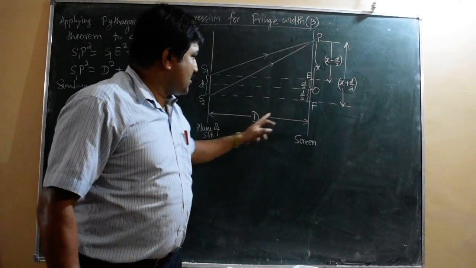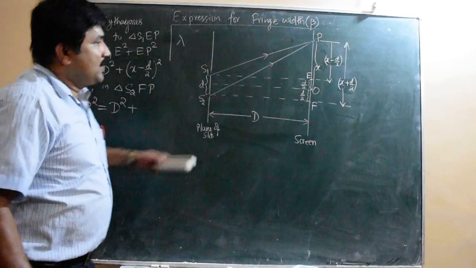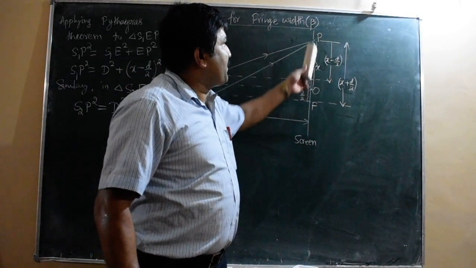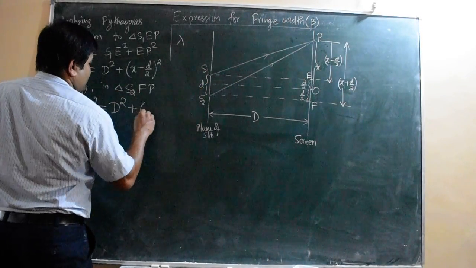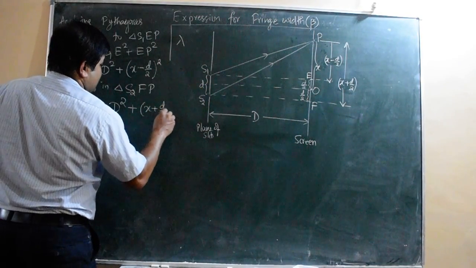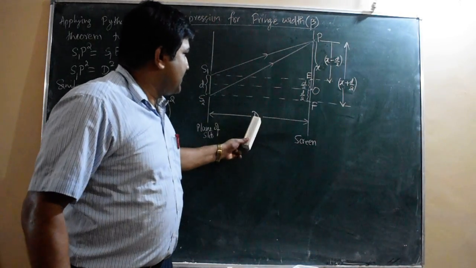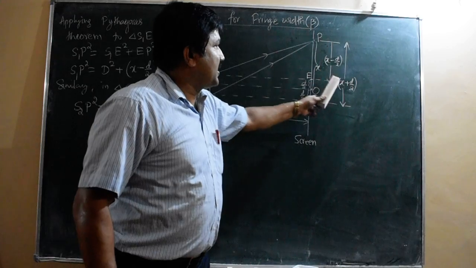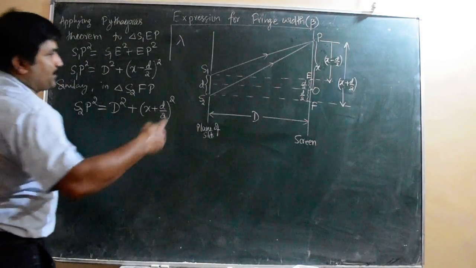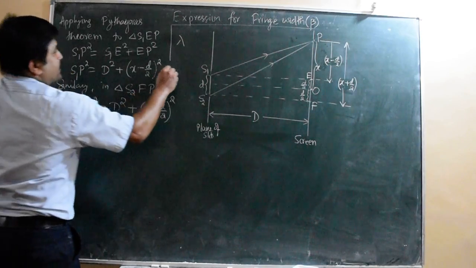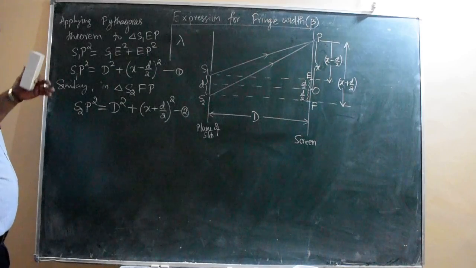S2F square is D square, so D square plus FP square. FP square is x plus d by 2, that square. So that is the second equation. Now this is equation 1 and this is equation 2. To get the path difference I have to subtract.